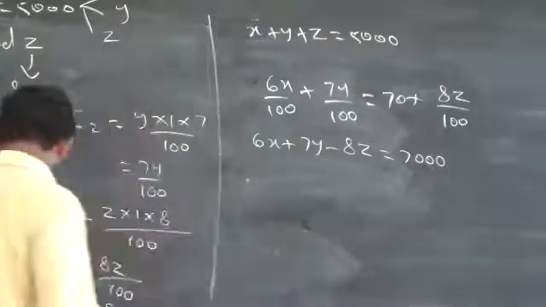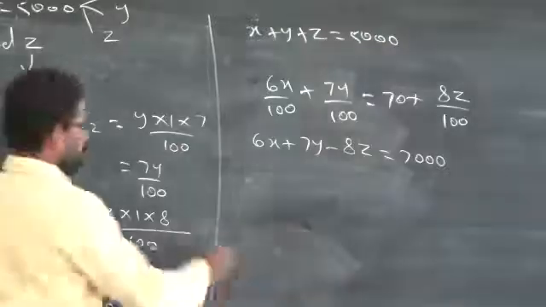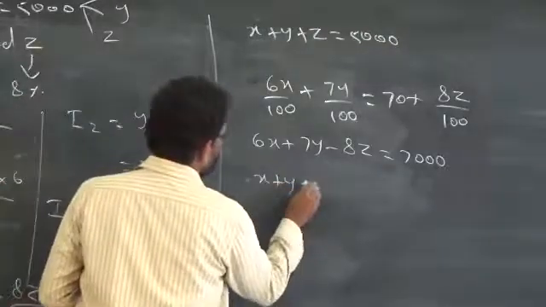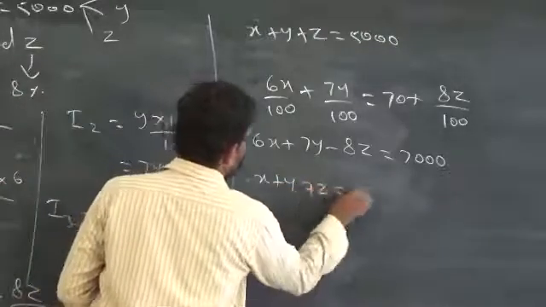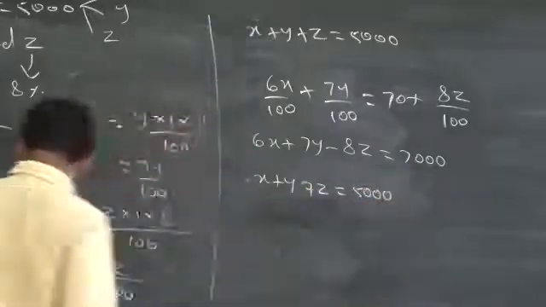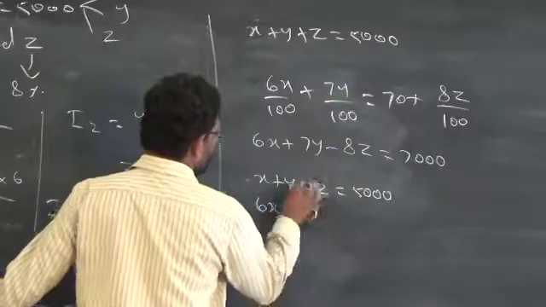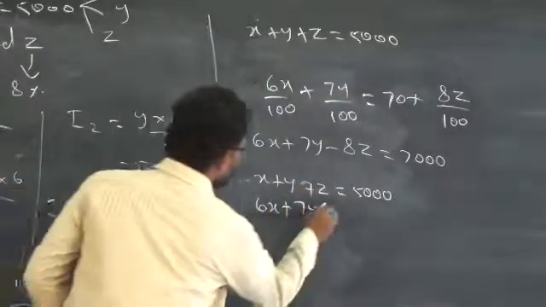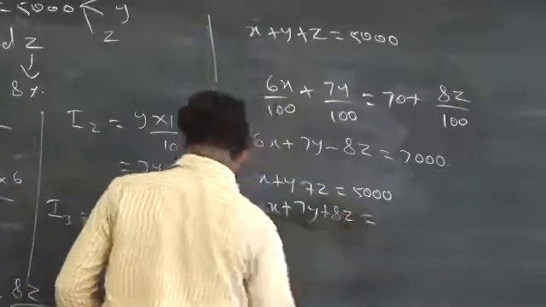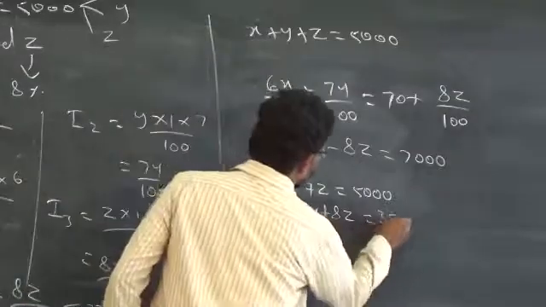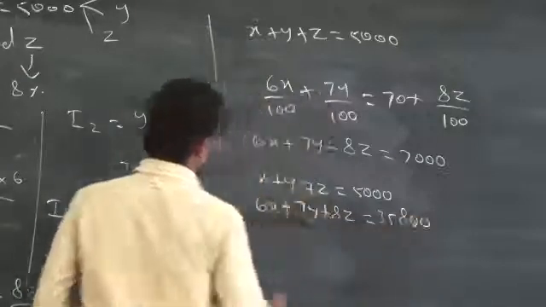Now how many equations do we have? Totally 3 equations. Write in order: x plus y plus z is equal to 5000. The second equation, 6x plus 7y plus 8z is equal to 35,800, and then the last equation.